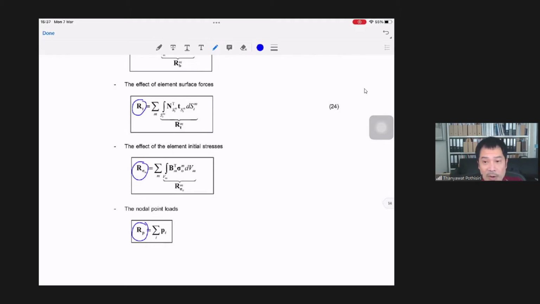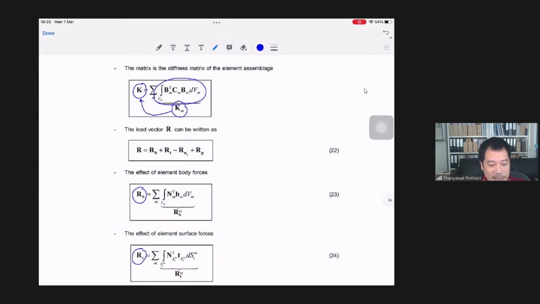Now, of all these load vectors, only the last one is readily available in nodal quantities, but the remaining are not.